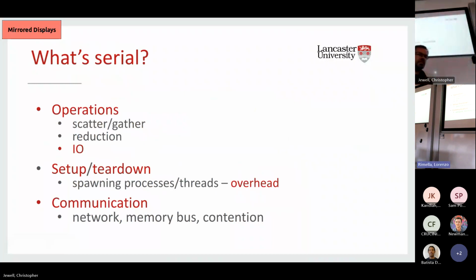The other thing that's serial, and it isn't obvious from the code example I've given, is what goes on behind that code as it's interpreted. So if you spawn up parallel processes, there's a time for the machine to load the parallel software library, to set up any communication that needs to go on, set up any threads and do any boilerplate bookkeeping.